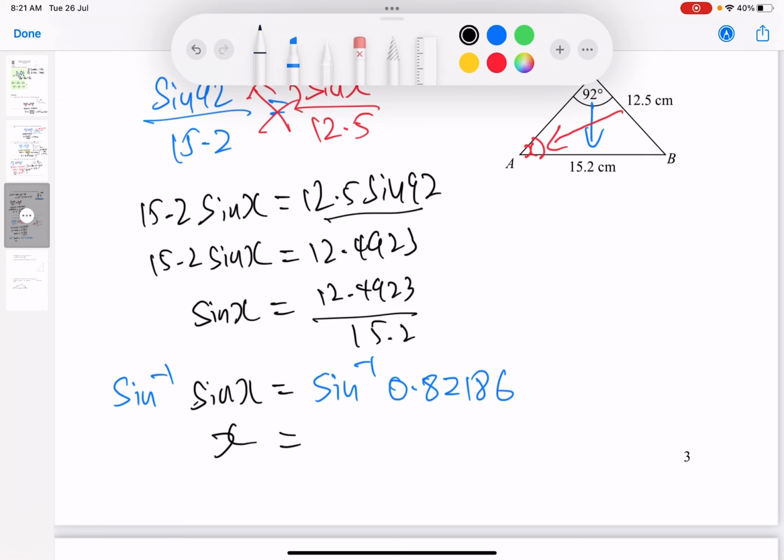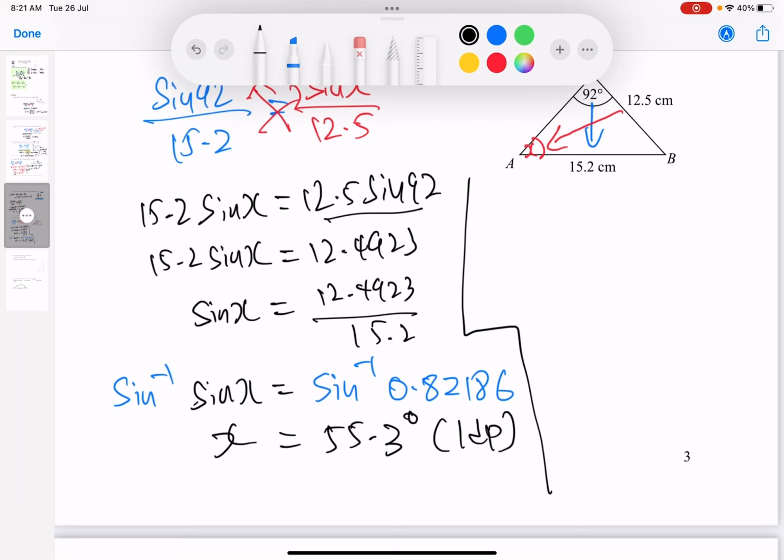Then the right hand side will simply be the sine inverse of 0.82186. That's how you get the answer of 55.3 degrees, to 1 decimal place. I hope it's clearer for some of you. This last step is something that a lot of you are confused about.